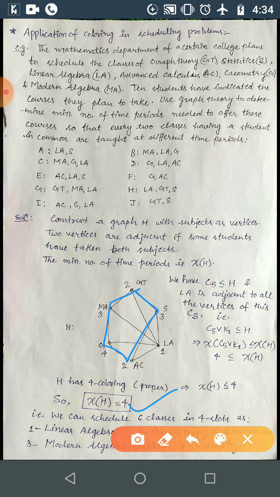But we have C5 joined with this one, then for this C5 we need 3 colors. So for example we have used color number 2, color number 3, color number 3, color number 4, color number 2. So here 1, 2, 3, correct. But LA is also there, which is adjacent to all these 5 vertices. So obviously we cannot use the same color, so we have to use a different color.